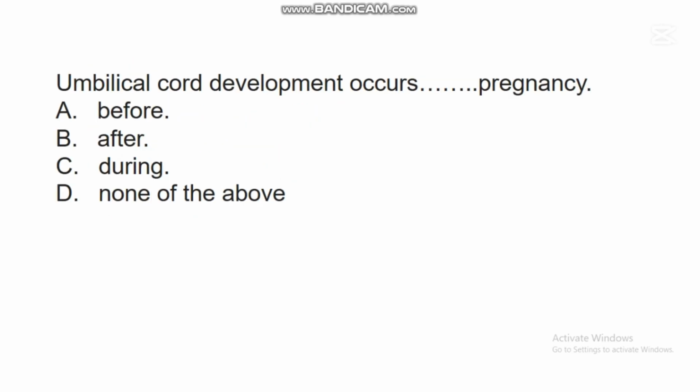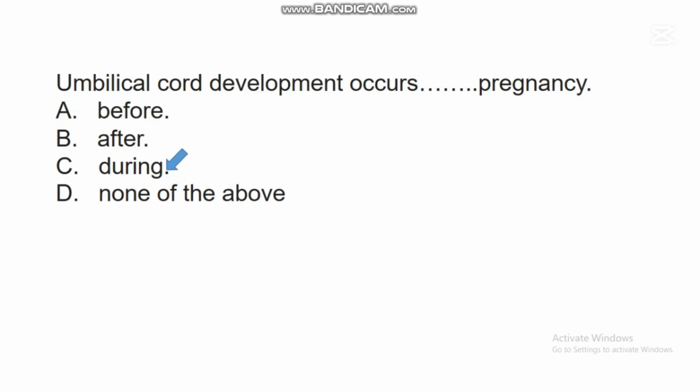The next question says, umbilical cord development occurs dash pregnancy. A. Before pregnancy. B. After pregnancy. C. During pregnancy. D. None of the above. In this question, the correct answer is C. During pregnancy.